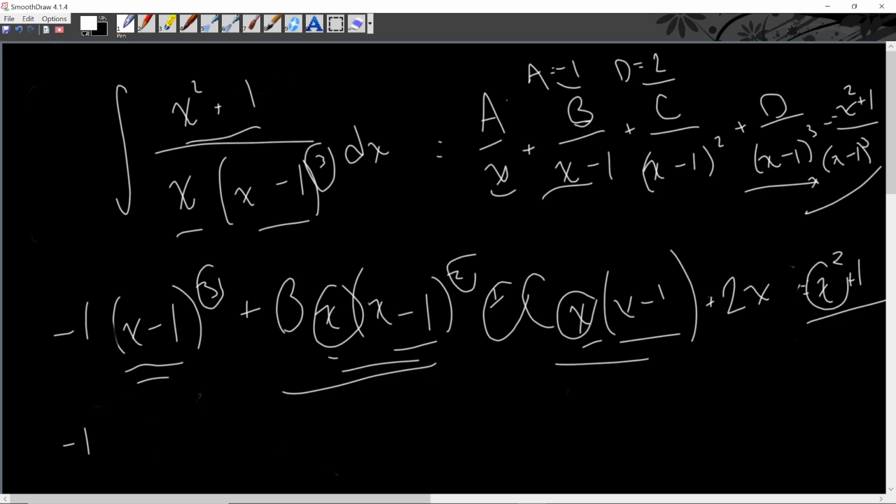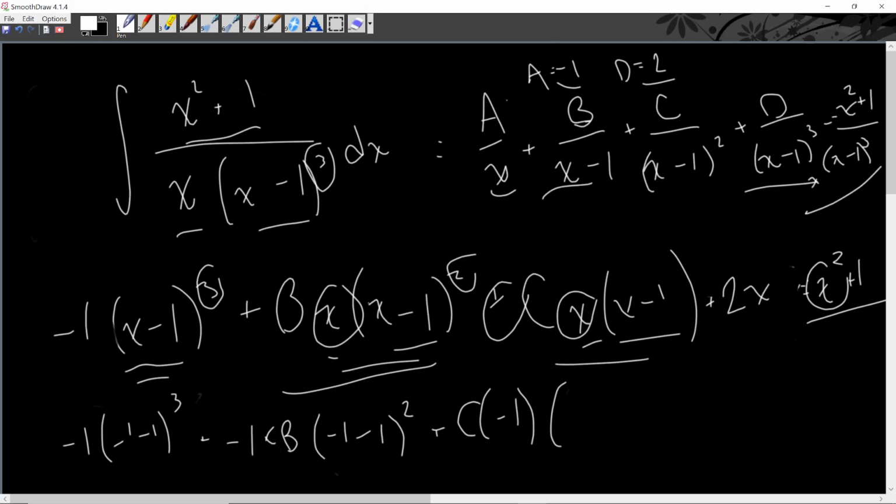Let's do negative 1 times negative 1 minus 1 cubed plus negative 1 times b times negative 1 minus 1 squared plus c times negative 1 times negative 1 minus 1 plus 2 times negative 1 is equal to negative 1 squared plus 1. And that's just going to be, well, negative 2, minus 1 minus 1.